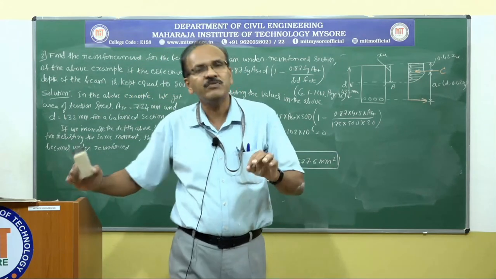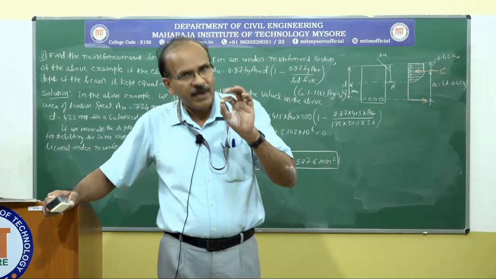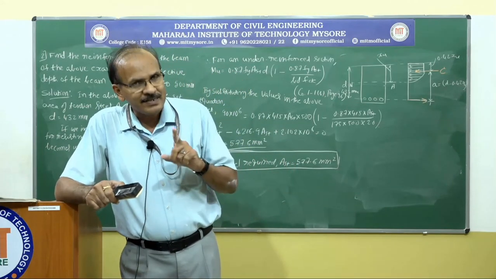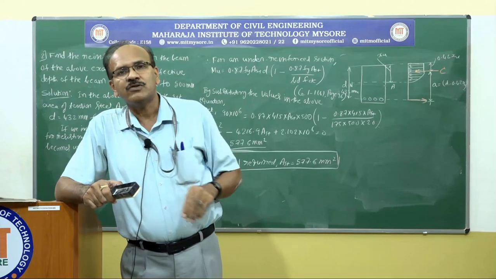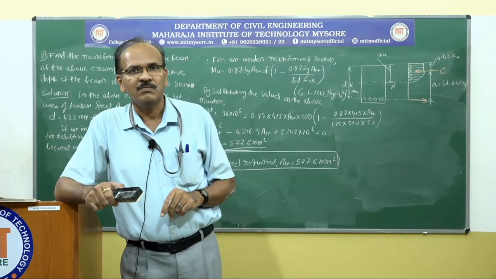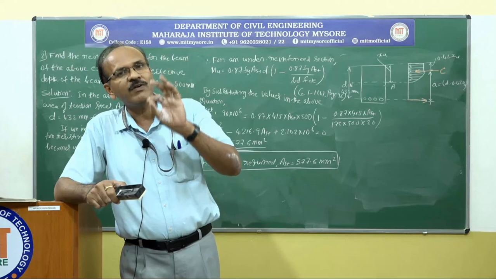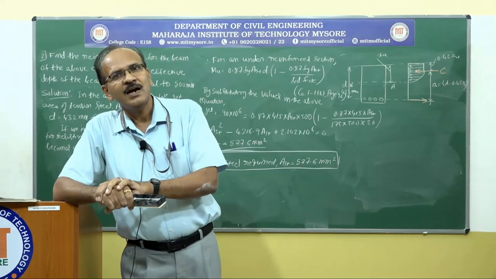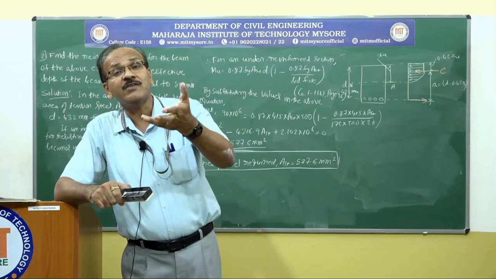Okay. So even though when we are solving a design problem, we try to approach for a balanced section, it is even recommended that, keeping in mind the economy, we have to design an under reinforced section, not even a balanced section. Because a balanced section always gives the least area of concrete and the maximum area of steel.